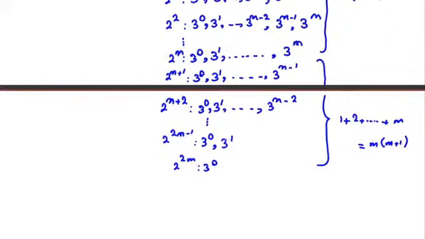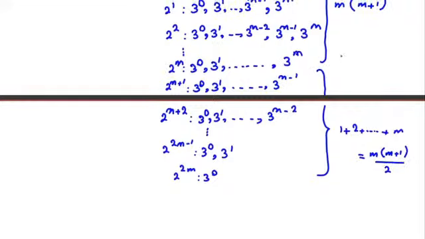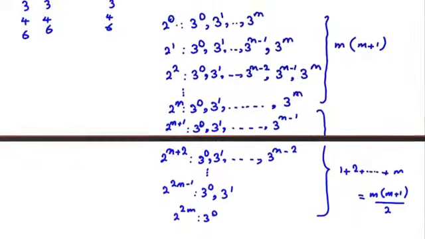Let me check 1, 2, and we set to this one. M cases, yes, m times m plus 1 over 2. Let me just check this one here. I've selected 0 to m plus 1, each of them m plus 1, m plus 1 squared. Or we can do something.